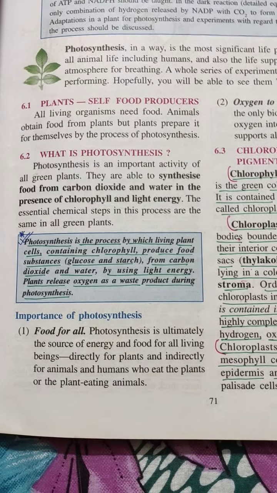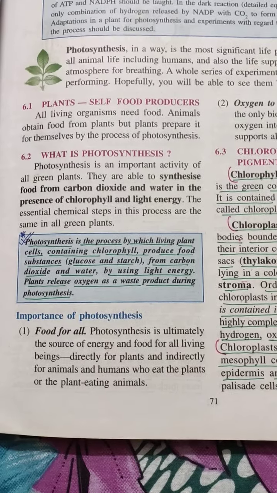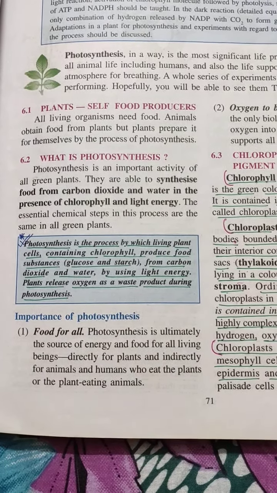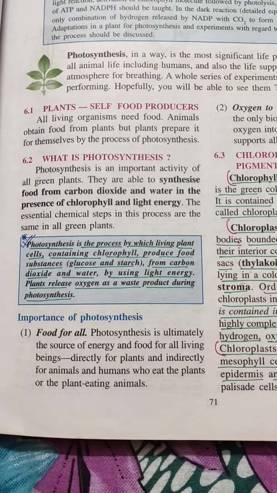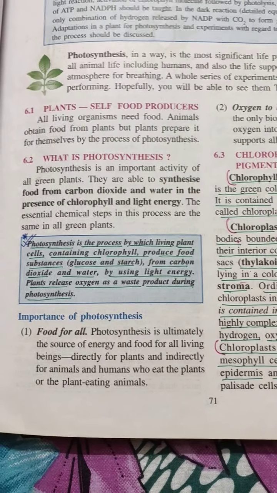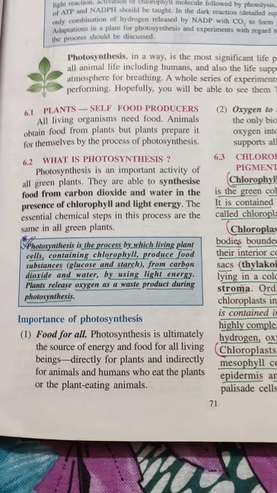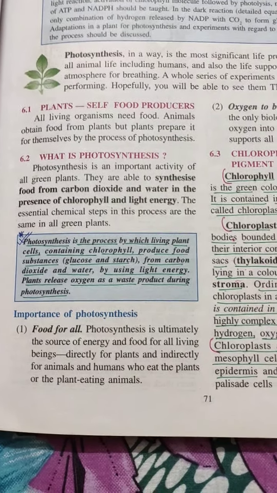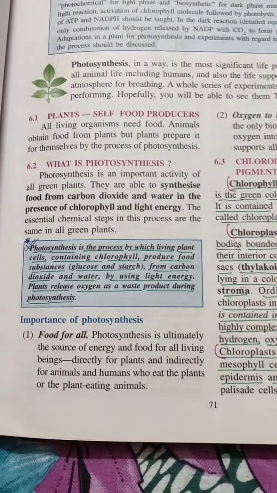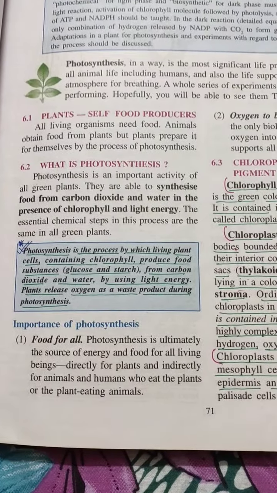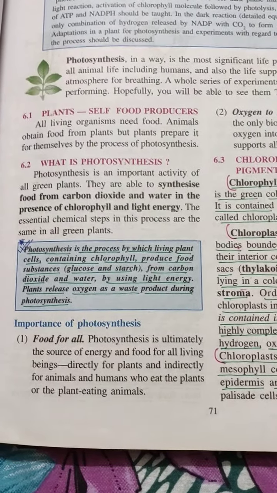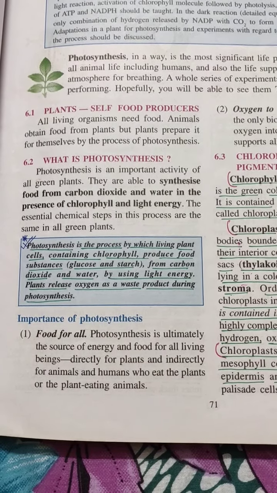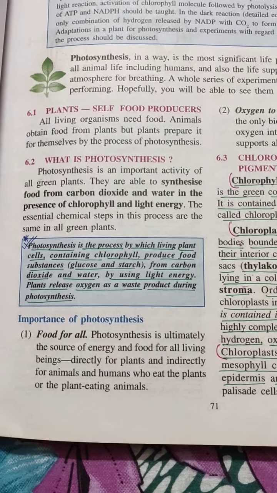So it's a big definition, but we have to learn it because in class 10 you need to give a very detailed definition in your ICSE exam. So it is a process by which living plant cells containing chlorophyll produce food substances, and the food substances are glucose, which is again stored in the form of starch within the plant body.